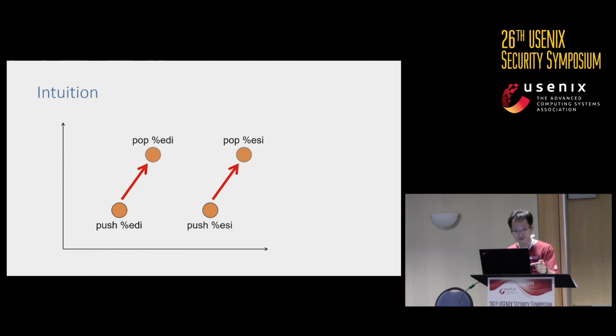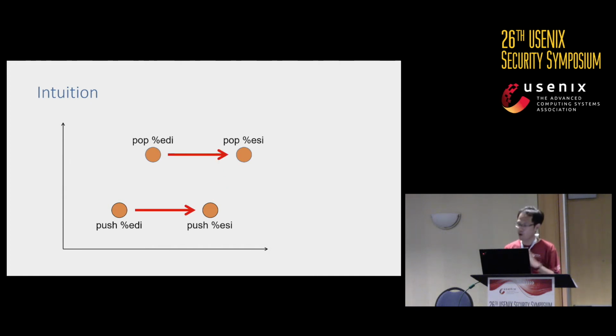So we can think of this as pop EDI minus push EDI plus push ESI equals pop ESI. What this means is that the pair push ESI and pop ESI has the same relationship as the pair push EDI and pop EDI. Given enough of these examples, we can come to the conclusion that this red arrow direction represents the semantic meaning of the operation of a particular instruction.